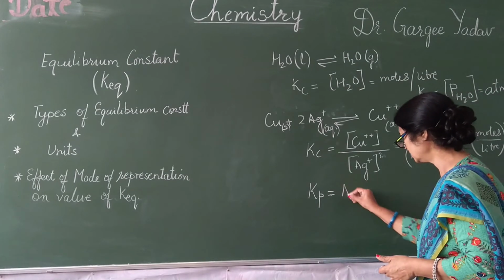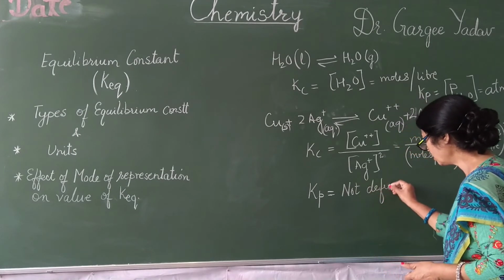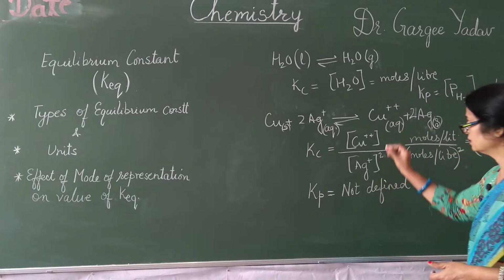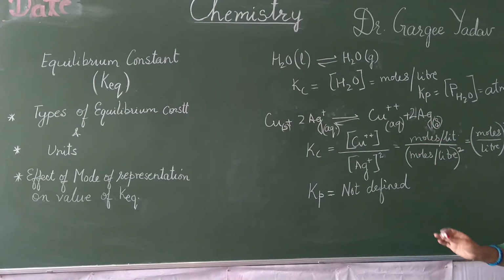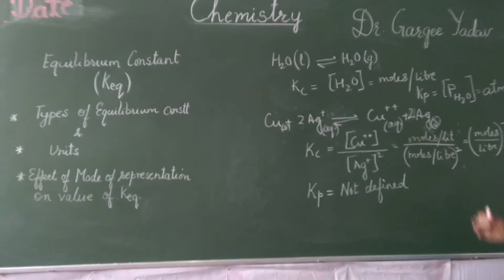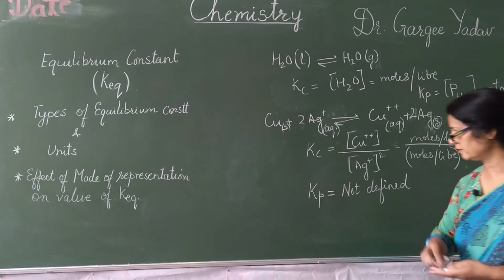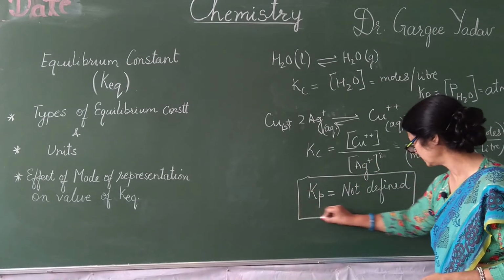Just remember this thing. We have only Kc and we will take only Kc into consideration. This was an important fact which I wanted to explain to you through this example.